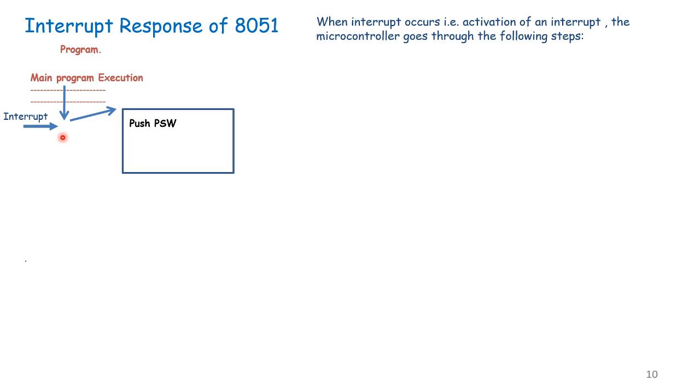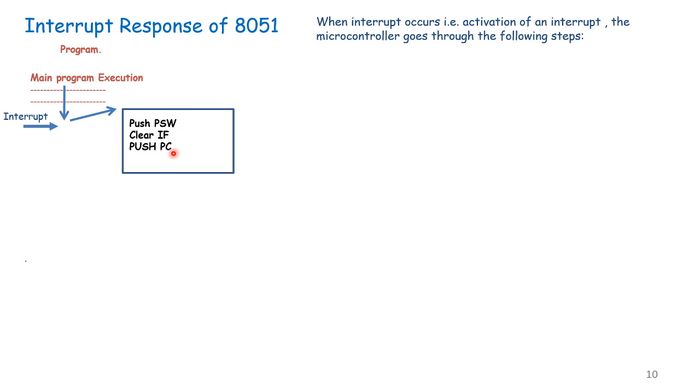When the interrupt occurs, the program counter register, which always holds the address of the next instruction, has its content pushed on the stack: push the PSW register, push the PC, and clear the interrupt flag.